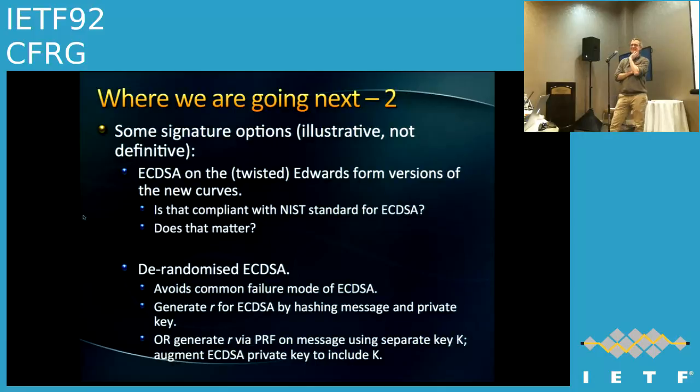EdDSA hashes the message twice, so you have to present the whole message to it in one go, which is different from many current APIs where you can incrementally add the message along and then say, I'm done. How important that is, I don't know, but it's a more complicated question than just, should we do EdDSA?